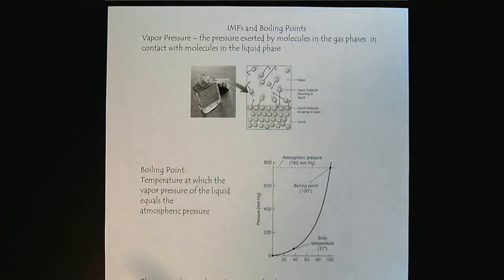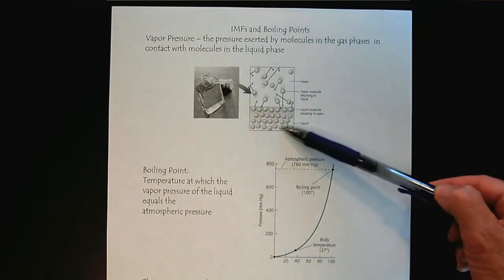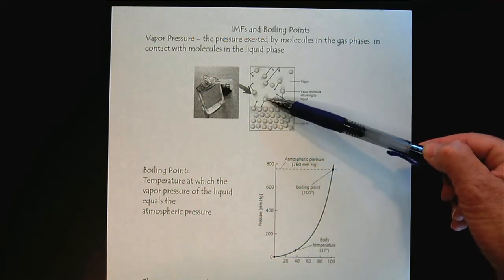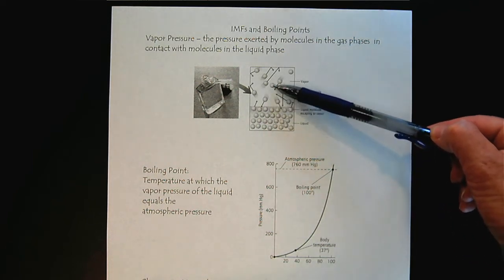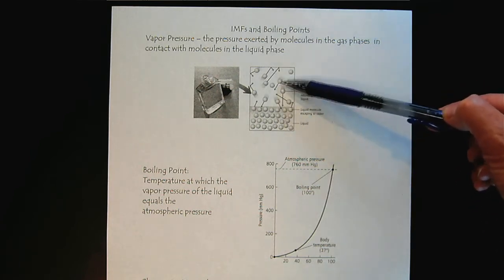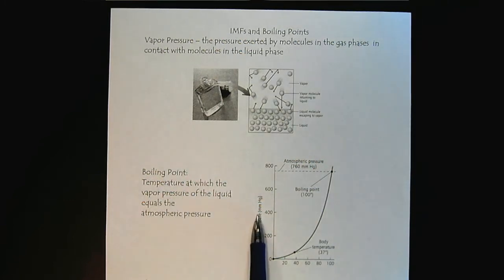But what happens is that the potential energy of the molecules created by the intermolecular forces is holding the molecules together in the liquid phase. So for a liquid molecule to jump or evaporate or boil into the gas phase, it has to overcome this atmospheric pressure. And so we need kinetic energy. So that's how temperature comes in.